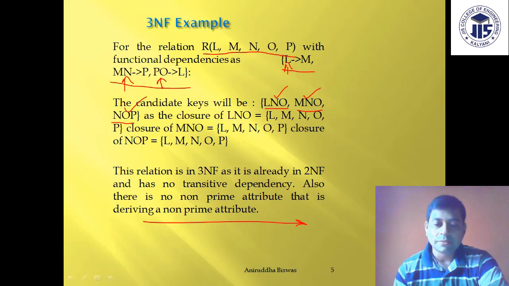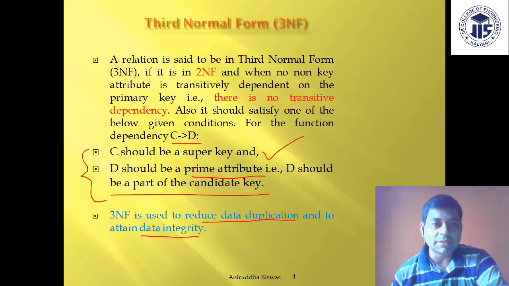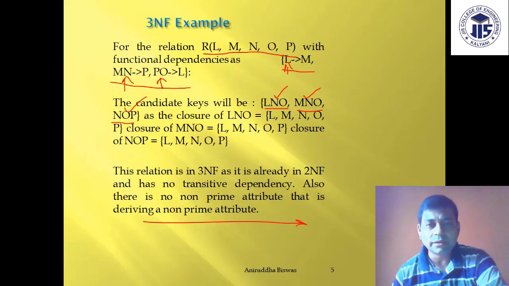As in the previous slide, we come to know that if anything is a determinant, that must be a super key, and which is being determined must also be a part of the candidate key. So here we can see that L, M, N, O, P, all these are under the super key, because L is the determinant first, MN second, and PO. So if we combine them all together, all of them are a subset of the super key. And whichever are being determined, M, P, L, all are part of a candidate key.